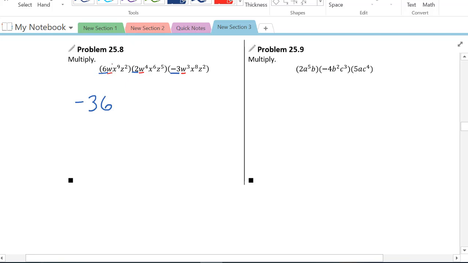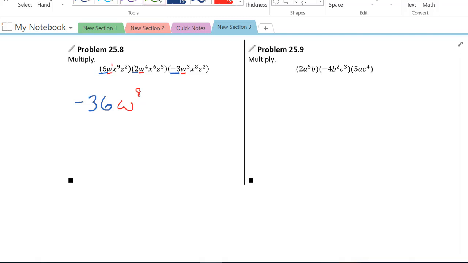So now if you look at this W, there's no power for this W, right? So you have to remember, if there's no power here, there's always an imaginary 1, okay? So that W always has an imaginary 1 power. So technically, it would be W, which is 1 plus 4 plus 3, okay? So you do W to the 1 plus 4 plus 3, which is W to the 8. Okay, 1 plus 4 is 5, plus 3 is 8.